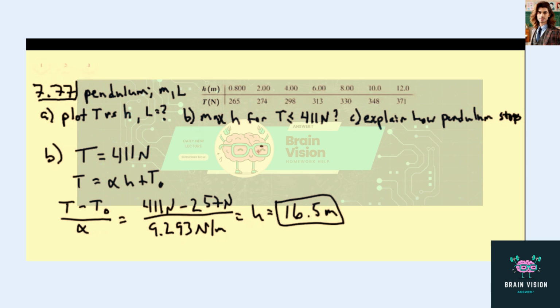And now for part C, this is pretty quick. Basically, the pendulum starts off with some kinetic and potential energy, with some total mechanical energy. But as it swings, air resistance and friction with whatever the pendulum wire is mounted from are going to do negative work on it and cause it to come to a stop.